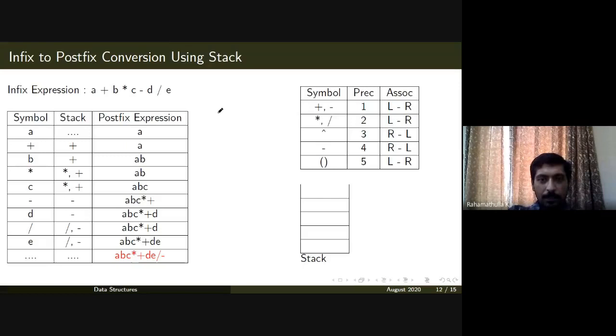So let's say for making it simpler, I am trying to avoid these operators here, unary operator, round brackets and all. So this is your expression: a plus b star c minus d by e. We will first explain how this can be done, and then we'll see the program code for them.